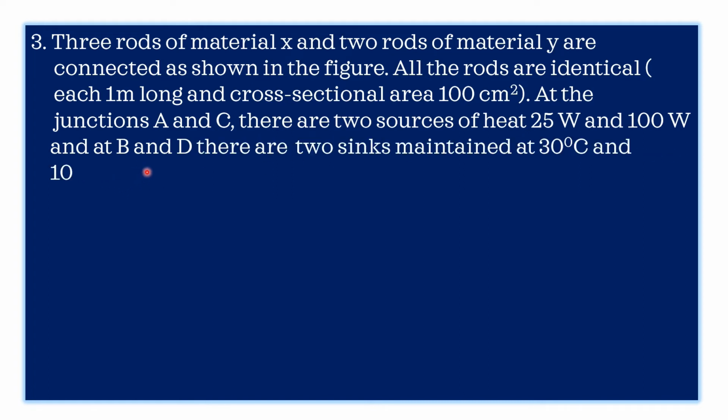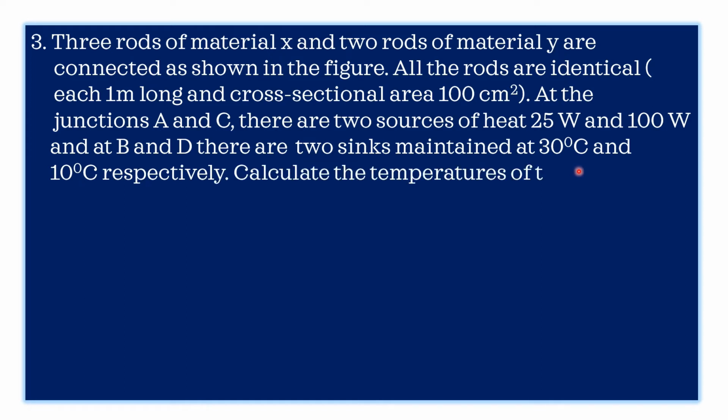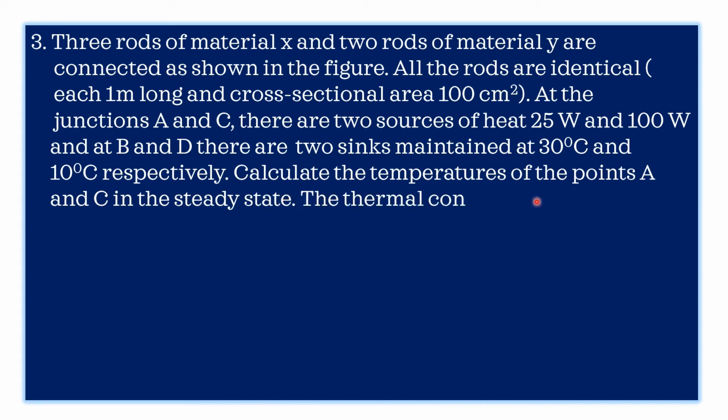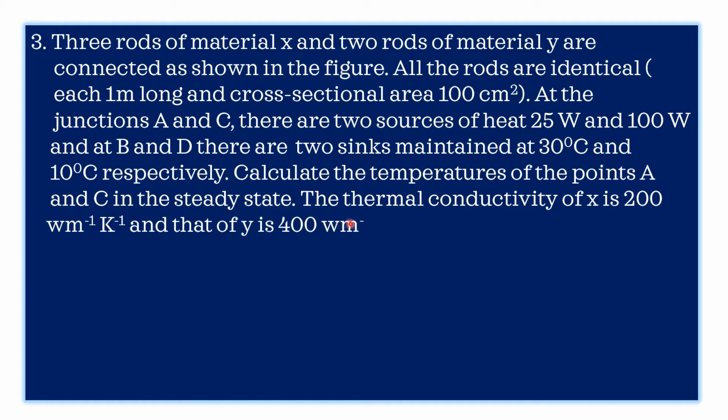And at B and D, there are two sinks maintained at 30 degrees centigrade and 10 degrees centigrade respectively. Calculate the temperatures of the points A and C in the steady state. Thermal conductivity of X is 200 watt meter inverse Kelvin inverse, and that of Y is 400 watt meter inverse Kelvin inverse. See the picture here.